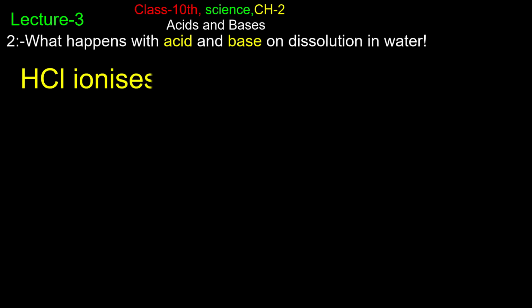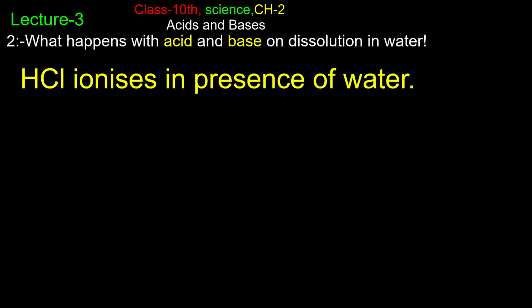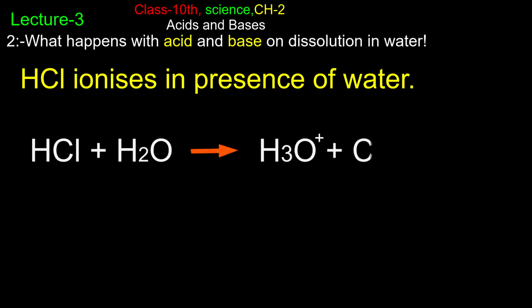This is because HCl ionizes in presence of water, as HCl plus H2O produce H3O plus and chloride ions. H3O plus is called hydronium ion.